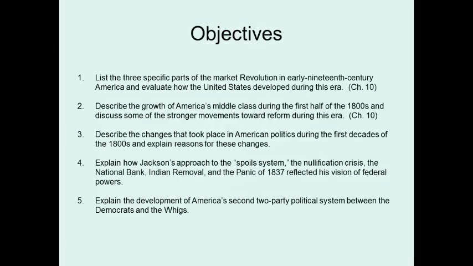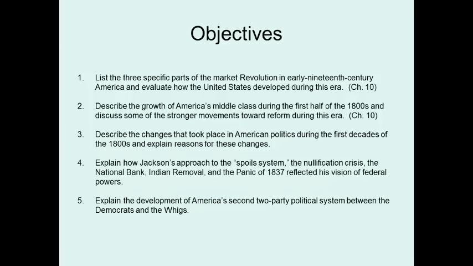And finally, now that we have gone through this lecture, you should be able to list the 3 specific parts of the market revolution in the early 19th century and evaluate how the United States developed during this era. You should be able to describe the growth of America's middle class during the first half of the 1800s and discuss some of the stronger movements towards reform during this era.